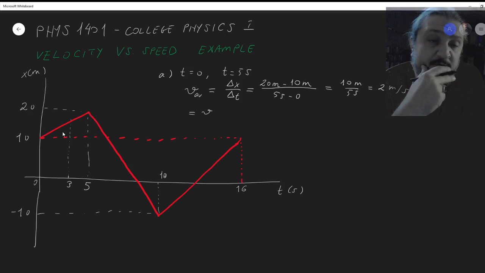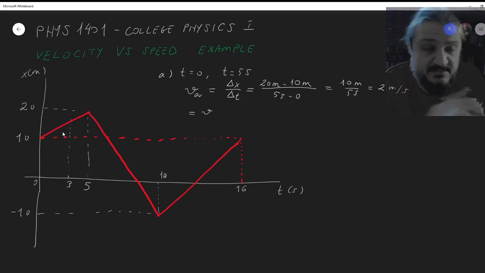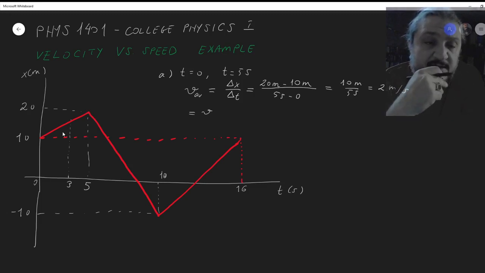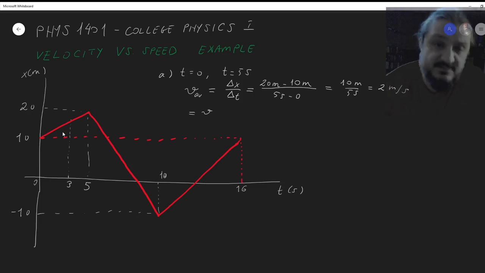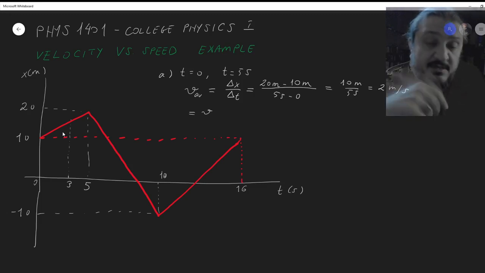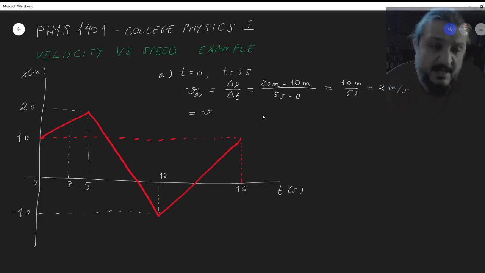We don't know what the slope there is, so let's leave 5 out of that. But within that interval, between 0 and 5, there is just one velocity, and that is also equal to the average velocity. And speed is the same: instantaneous speed and average speed are also equal for that segment.